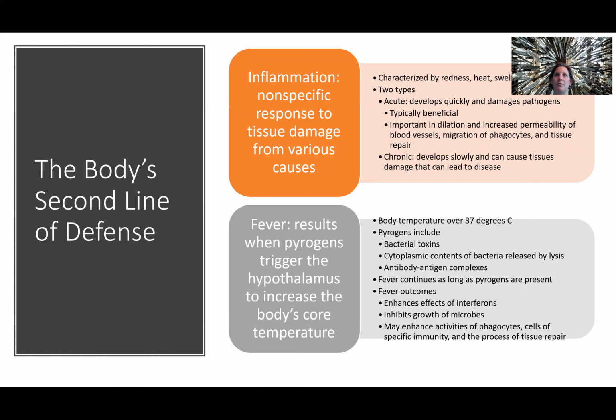Far fewer of them like growing at a higher temperature. So fever is one way, even though the pyrogens may be released by the invader themselves, that we decrease the growth rate of the bacteria because now we have exceeded their optimal temperature for growth.